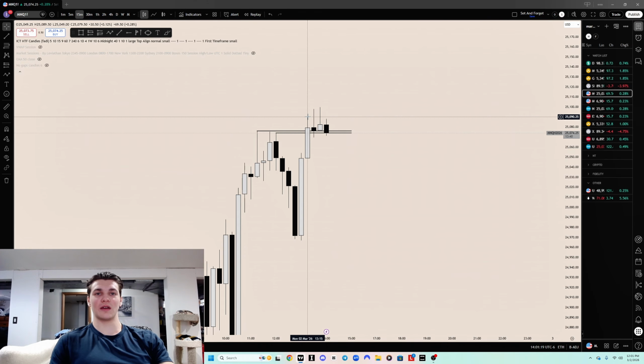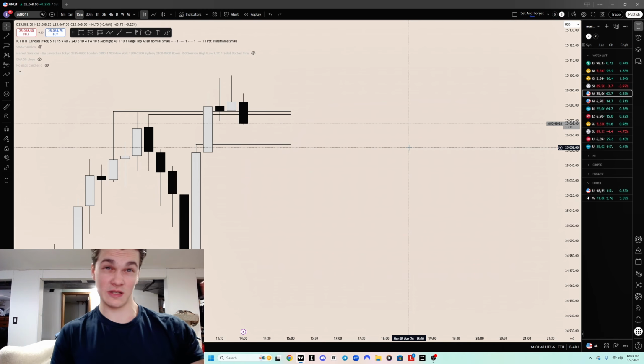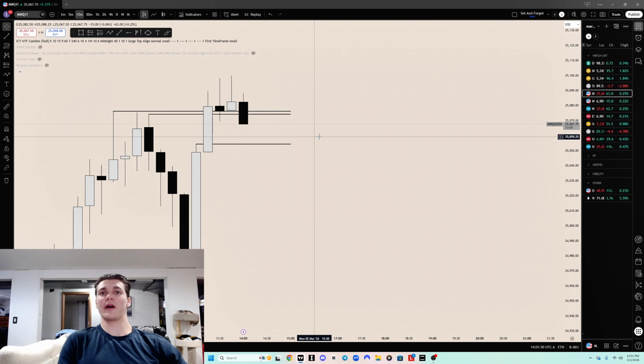This candle right here closed beyond, and there's a third one right here, but these are so close together I'm not even going to mark this one off. But this candle closed beyond this candle's range, so you have a POI here, which I can mark off. So you have one on the 15-minute, a POI here, and then two POIs on the 1 hour. A POI is just a point of interest, a very specific level in the market.